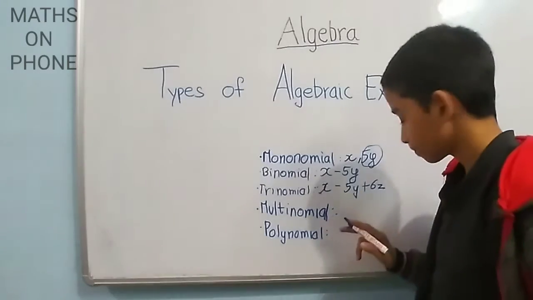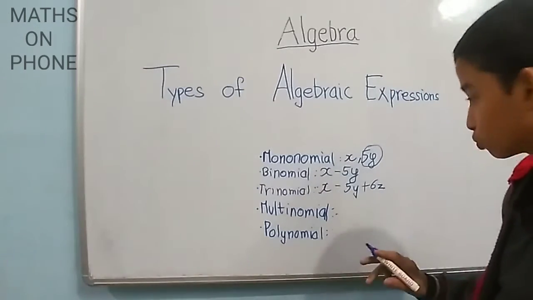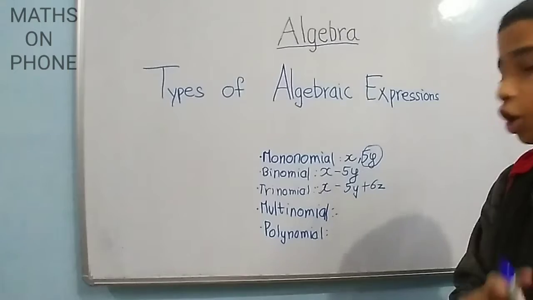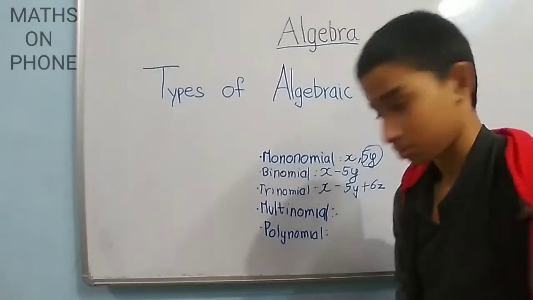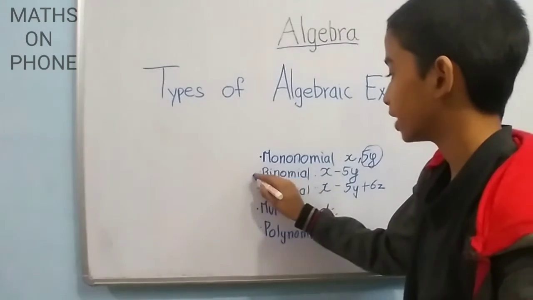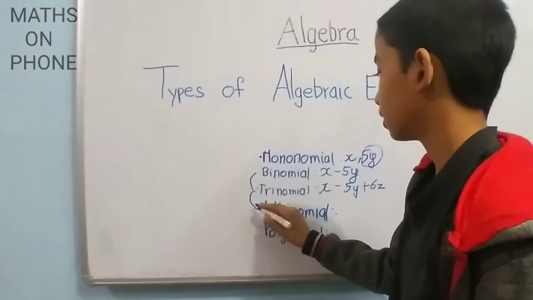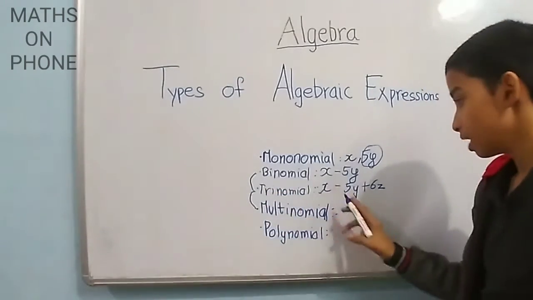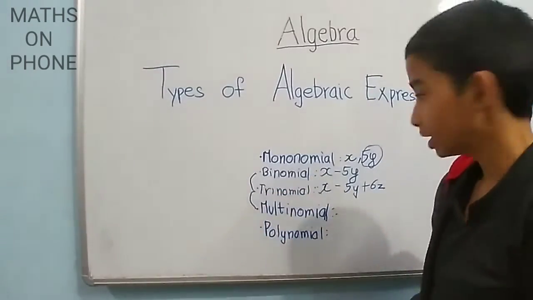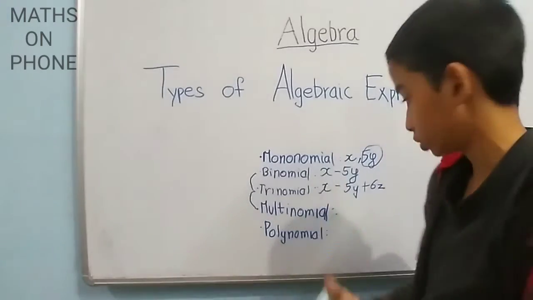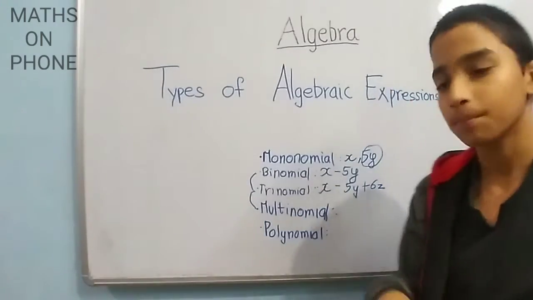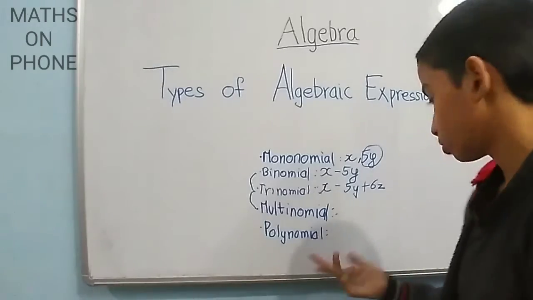Multinomial is that algebraic expression which has two or more terms. Binomial and trinomial come under multinomial because binomial has two terms and trinomial has three. A 4-term expression will be multinomial, 5-term multinomial.